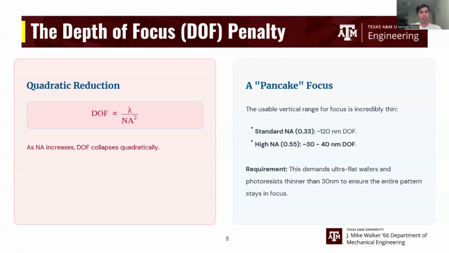With a high numerical aperture, our depth of focus collapses to around 30 to 40 nanometers. This is incredibly thin, what we call a pancake focus. This imposes strict requirements on the rest of the process. So you have to have better accuracy and precision on the stage itself.